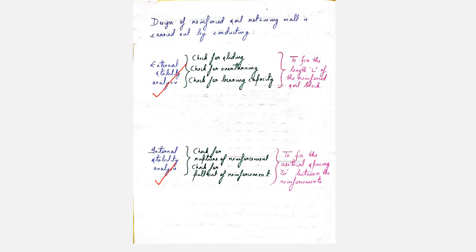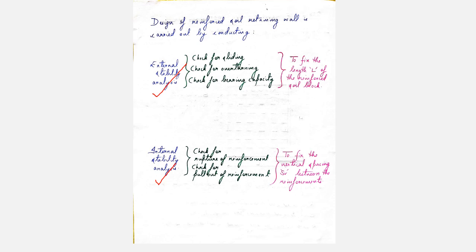We have already seen that up to the length of the reinforcement becomes the reinforced soil block. Okay, so that is the active part. Now that reinforced soil block will be prone to several types of external failures. It can be prone to a sliding failure, or an overturning failure, or even a bearing capacity failure.